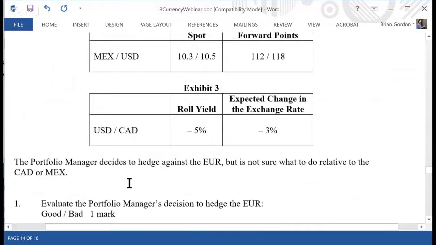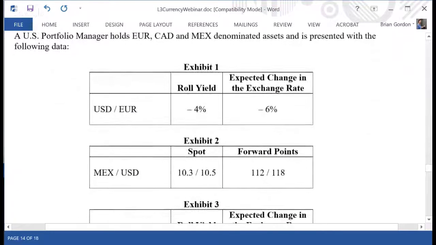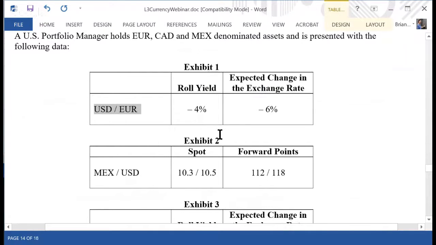I'm going to go back up to Exhibit 1 here because Exhibit 1 tells me about the US dollar per euro. It tells me about the US dollar to euro here. And so the first question that I have is, given this currency pair, what are we doing to hedge? So let me just write it in underneath here.